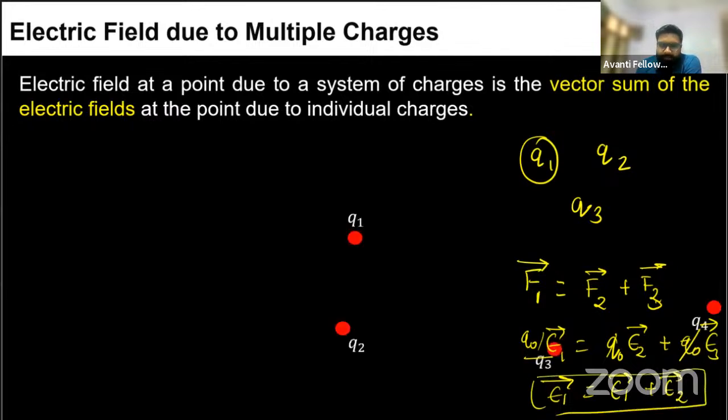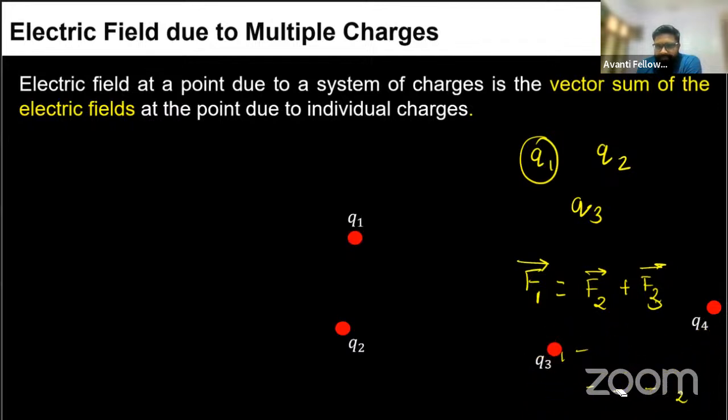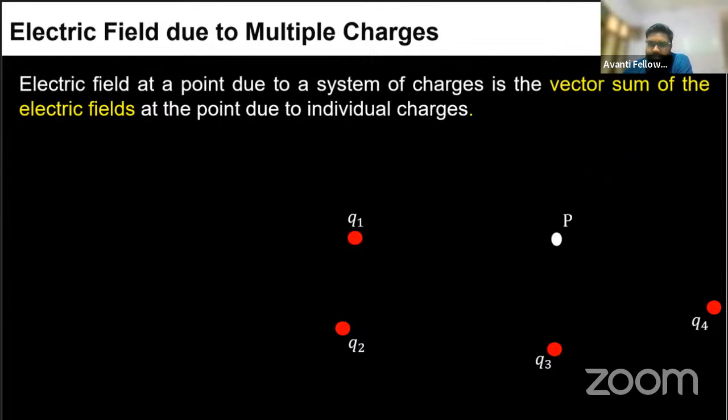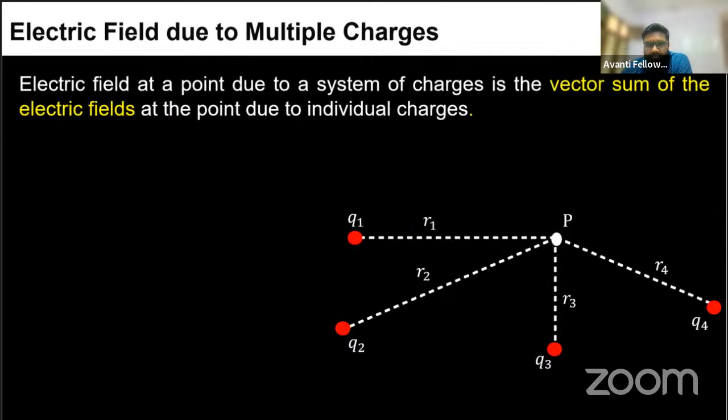Here also the same will be explained. Look, we have different charges here, Q1, Q2, Q3 and Q4. Now this is point P, a particular point we have considered. There are multiple charges, Q1, Q2, Q3, Q4. These are the position vectors with respect to point P, about which we have to find the electric field.